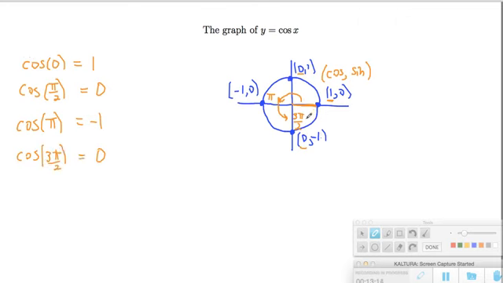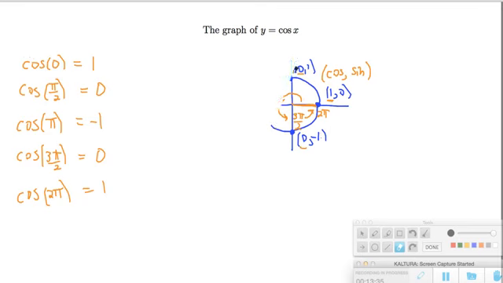And lastly, if you do a complete rotation of the unit circle up to 2 pi, we're back to where we started. So cosine of 2 pi is just back to 1. At that point, we've done a complete rotation of the unit circle, so we've completed a complete period of the graph of cosine of x.